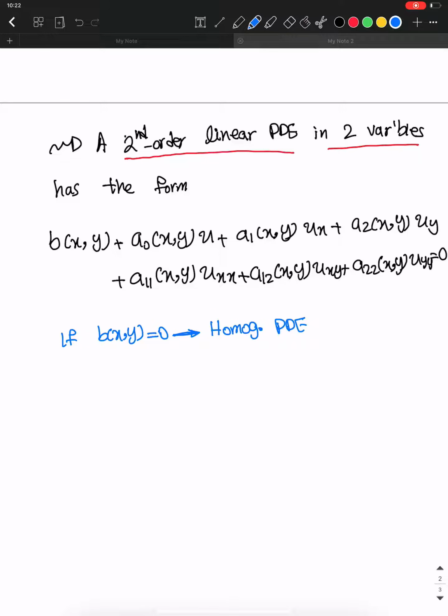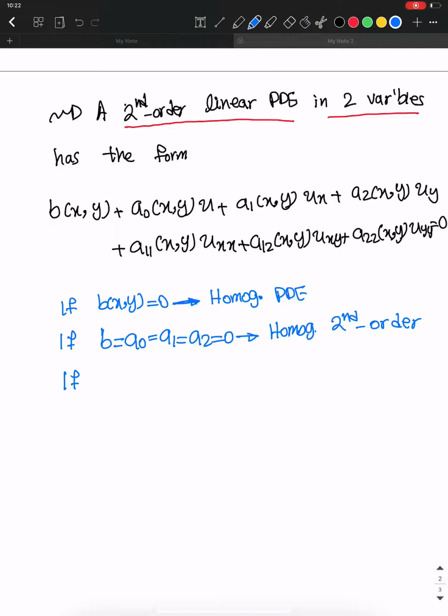The other definition is a little more general, and some authors and books use it: if b equals a0 equals a1 equals a2 equals 0, so all the first order terms and zero order terms are 0, then we call this a homogeneous second order PDE.